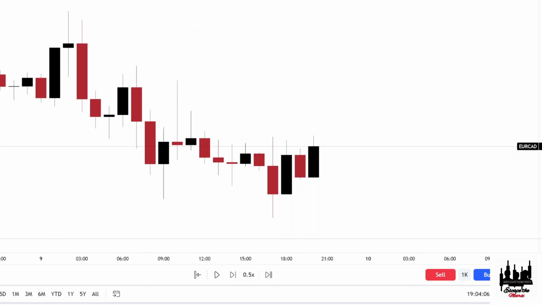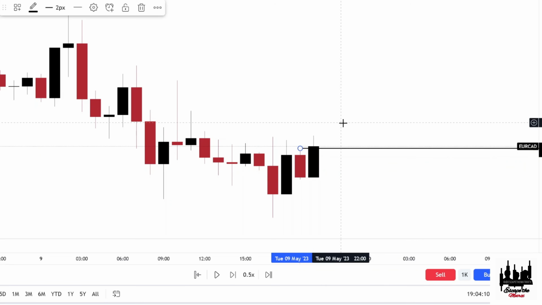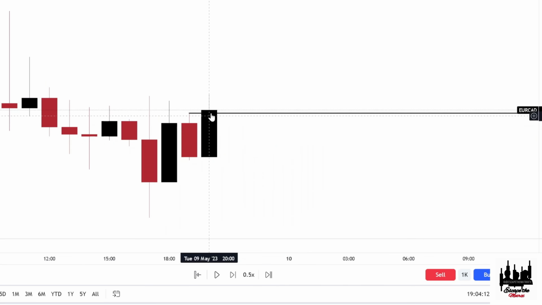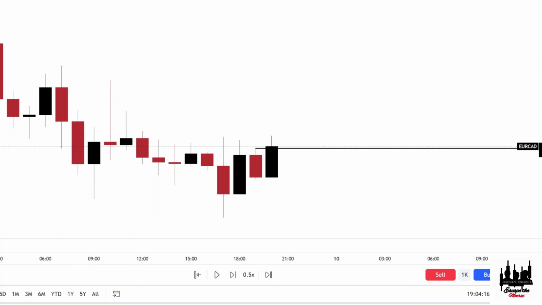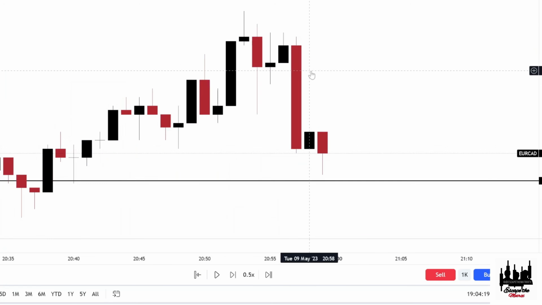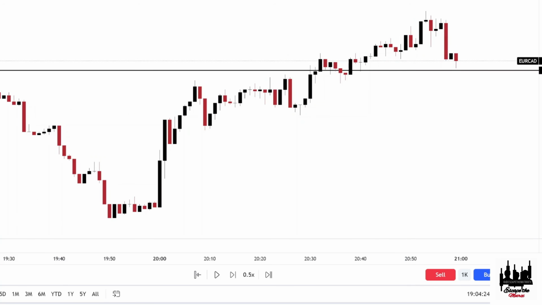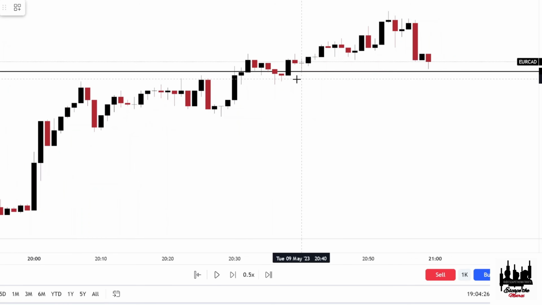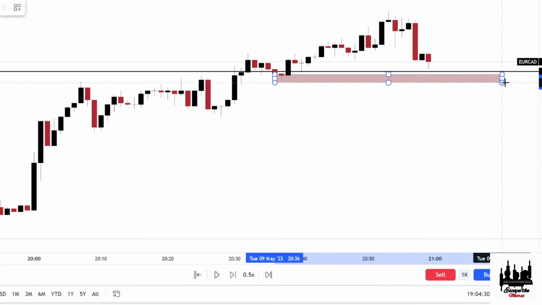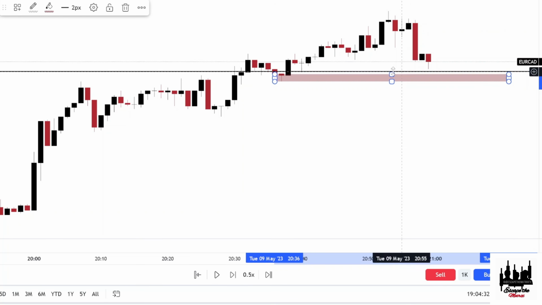Okay, so we have an engulf right here. Why engulf? Because the candle body closed above the wick, right? So then we would go on our 1 minute and we would see what is the first OB and what is the last. We have our first one right here. And what we're looking for here is a 2 to 1 minimum, right?